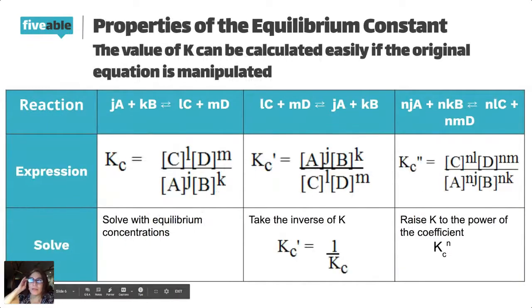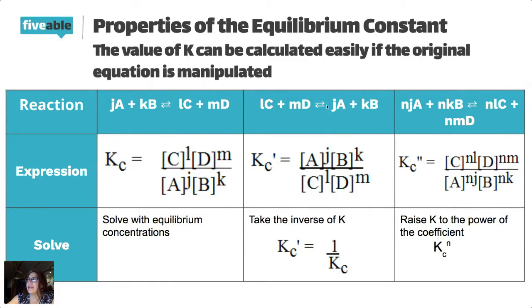Okay, some properties of the equilibrium constant. The value of K can be calculated easily if your equation is manipulated. For example, here we have 3 examples. The regular reaction, in which, as we mentioned, is products to the power of the coefficients over reactants.